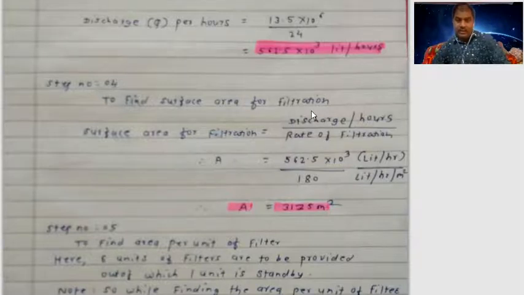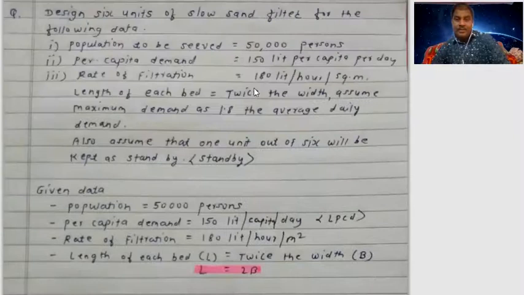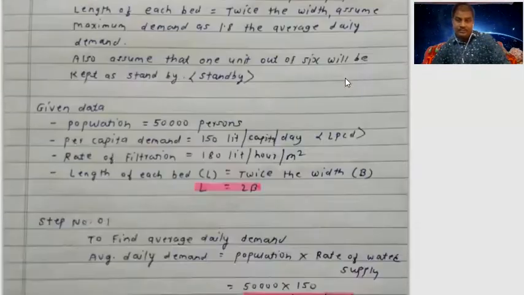Discharge per hour is 562.5 into 10 to the 3 liters per hour, and rate of filtration, as mentioned in the problem, is 180 liters per hour per square meter.